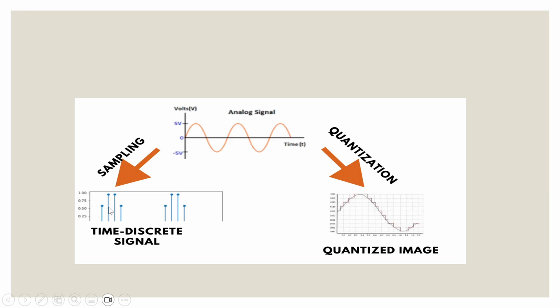So in order to approximate these amplitude values, we go for quantization. In quantization, we fix some particular levels, and the signal is roughly approximated to a particular level.